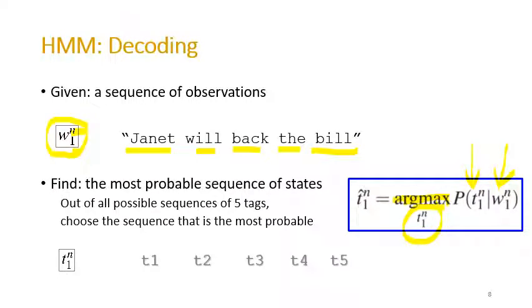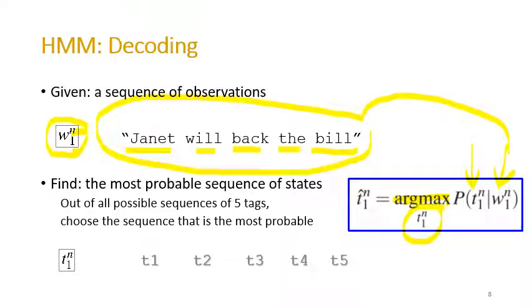So we want to find which sequence of tags gives the highest probability given that the observation that we can see is this sentence here. So here T1n with a hat means that our answer is that among all possible sequences, we find the one that maximizes this probability, the probability of that sequence given the observations that we see.